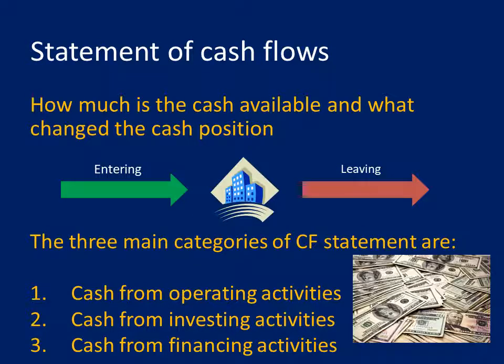The third statement is the statement of cash flows, which tells us how much cash is available and what has changed the cash position over the year for the company. This statement tells how much cash is entering and how much is leaving the company, and how efficient the company is in generating the cash to pay out its obligations.